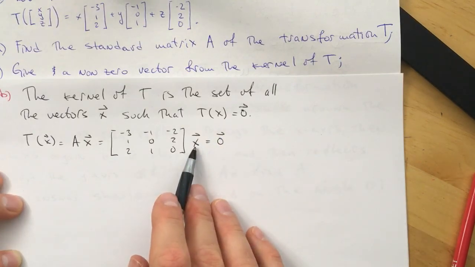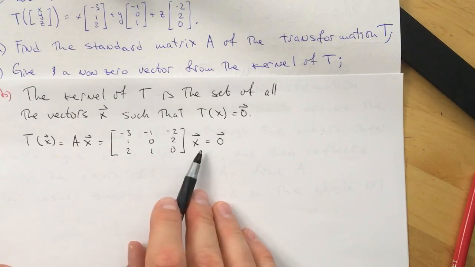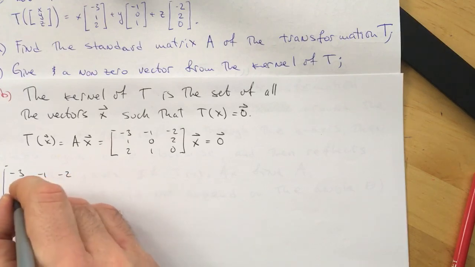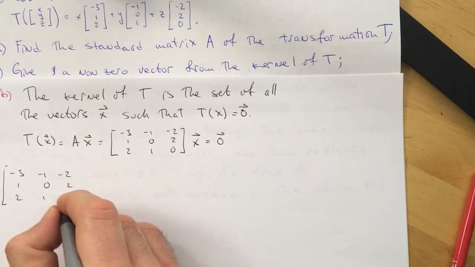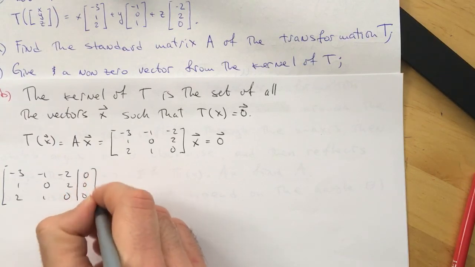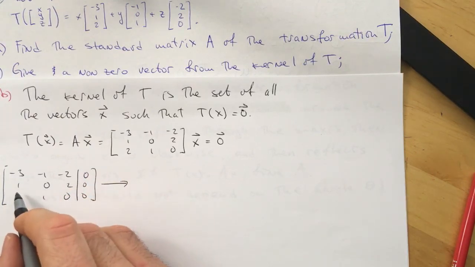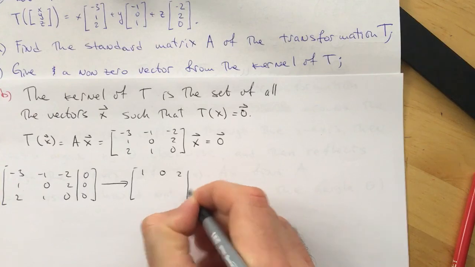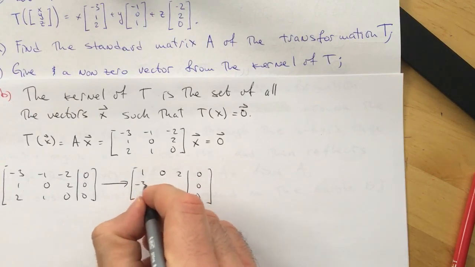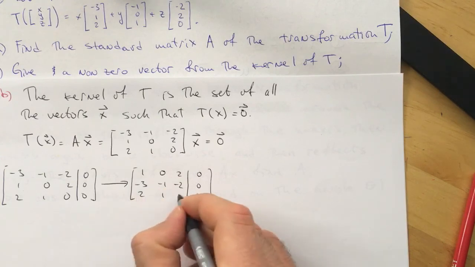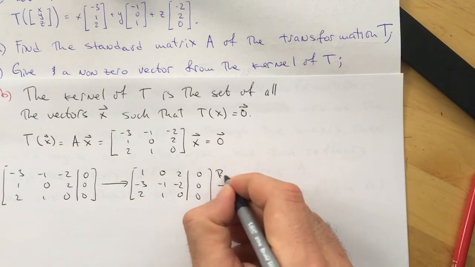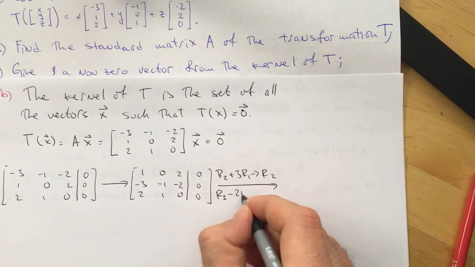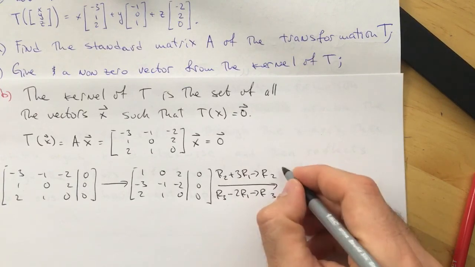But find x, find all the x's that satisfy this homogeneous system. So what do we have to do? We just have to solve this homogeneous system with right-hand side 0, 0, 0. I'm going to flip row 1 and row 2. Here I have row 2 plus 3 times row 1 becomes row 2, and row 3 minus 2 times row 1 becomes row 3.